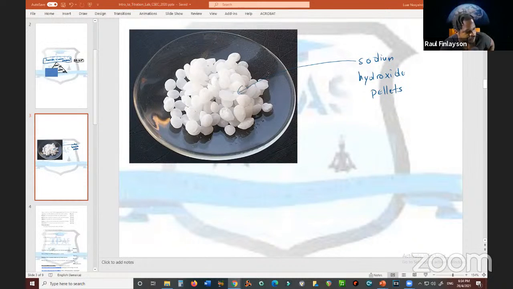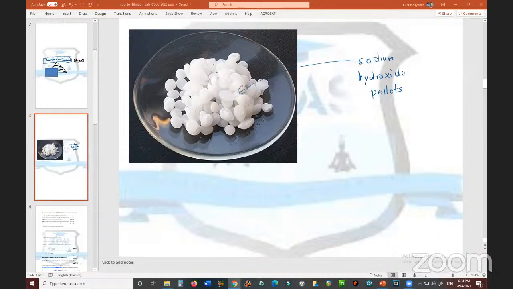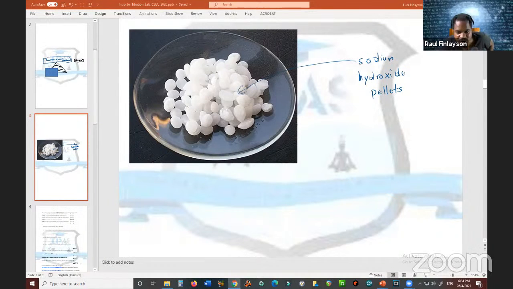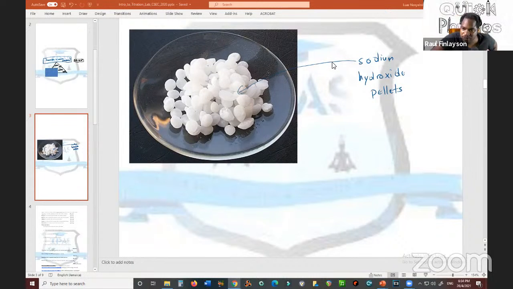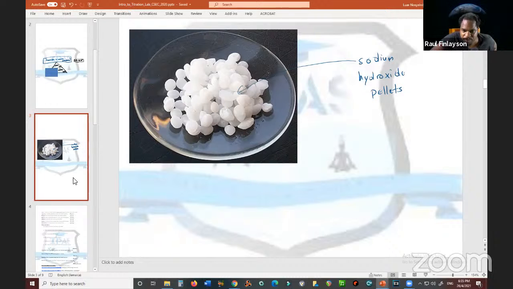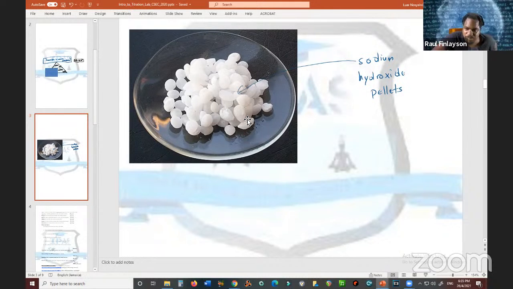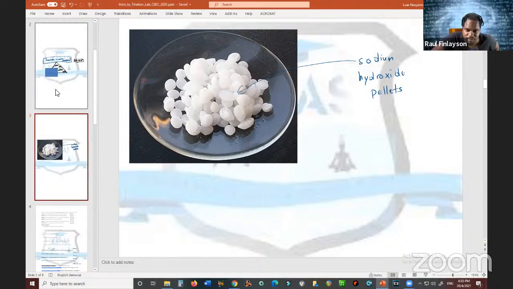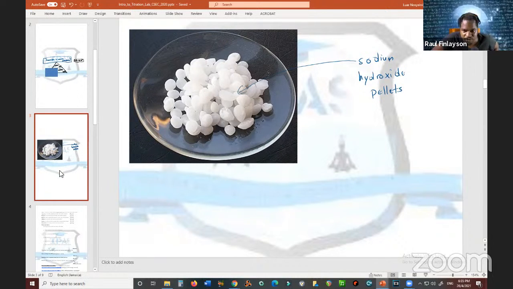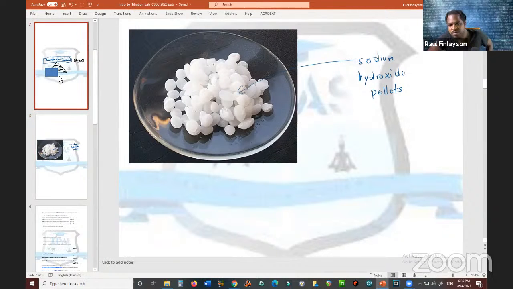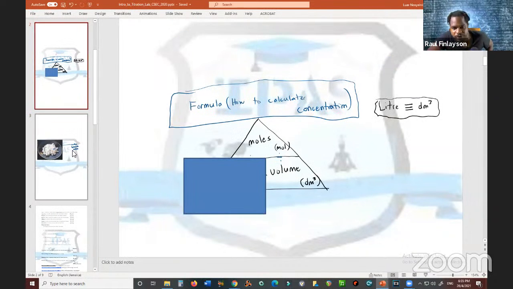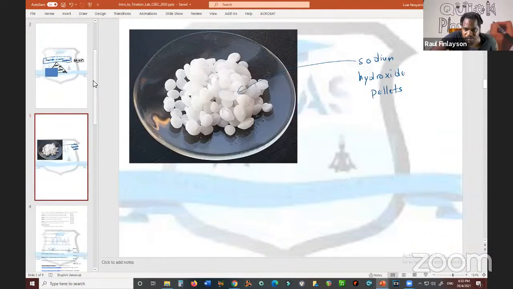Maybe in biology you come across that in the reproductive system, where you understand why there's some sliminess there, because the base is there. Sperm live in a basic environment. That's how nature is. So that is what sodium hydroxide looks like.